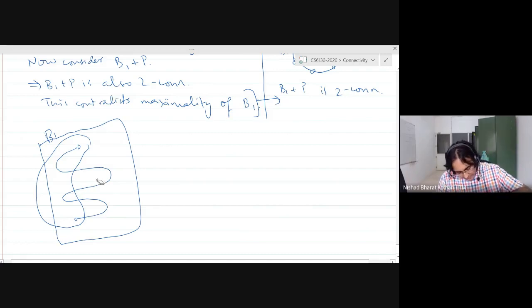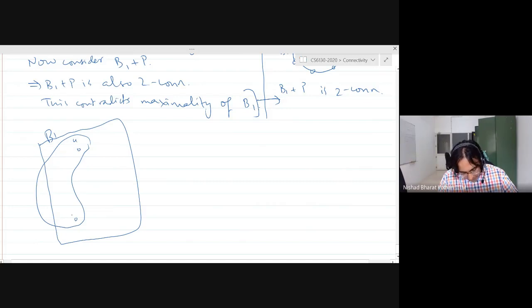Supposing the first edge we find, the first edge itself belongs to B1. Then what is the contradiction? I think I know. Okay, I think we can fix it. Here is a way to fix it. We can fix this argument.